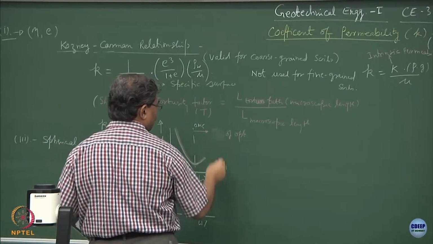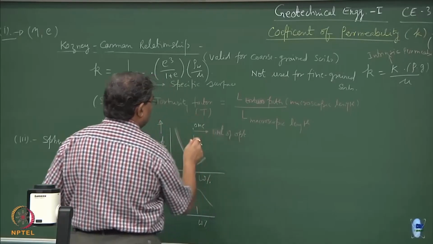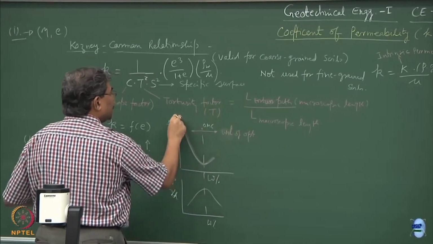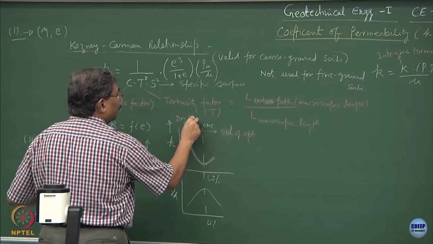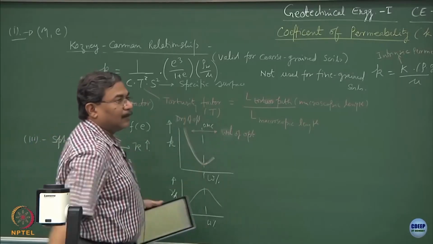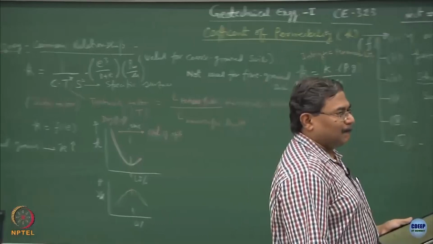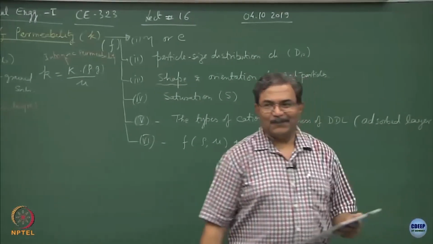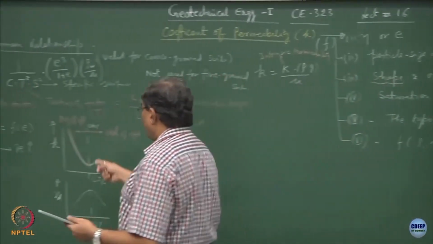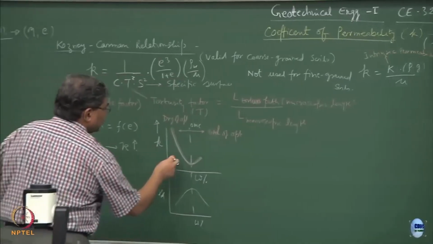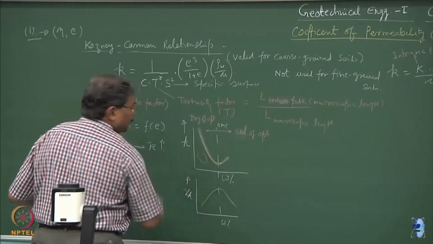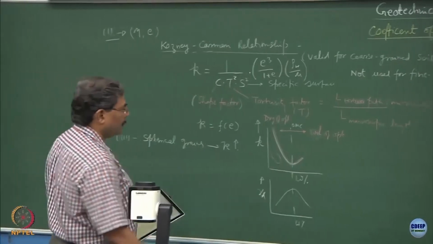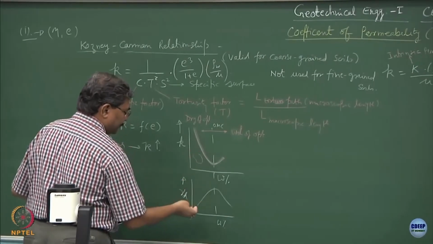You should correct me, and this is dry of optimum, alright. So, dry of optimum we have particles which are highly disoriented, alright, we call them as flocculated.